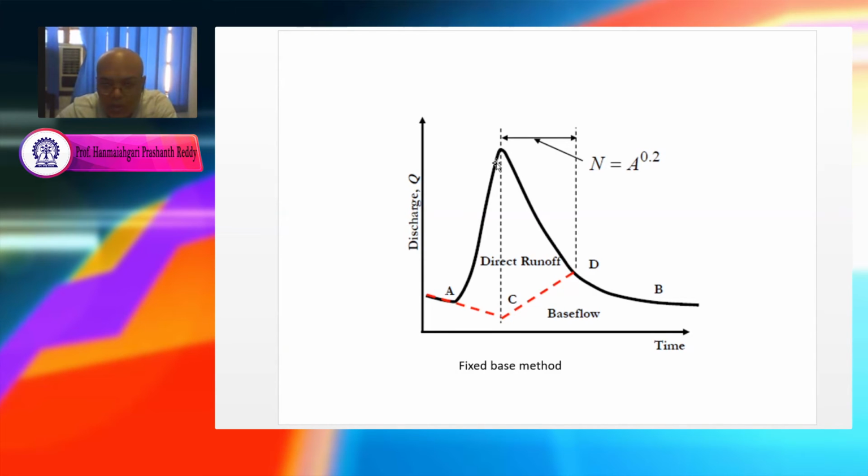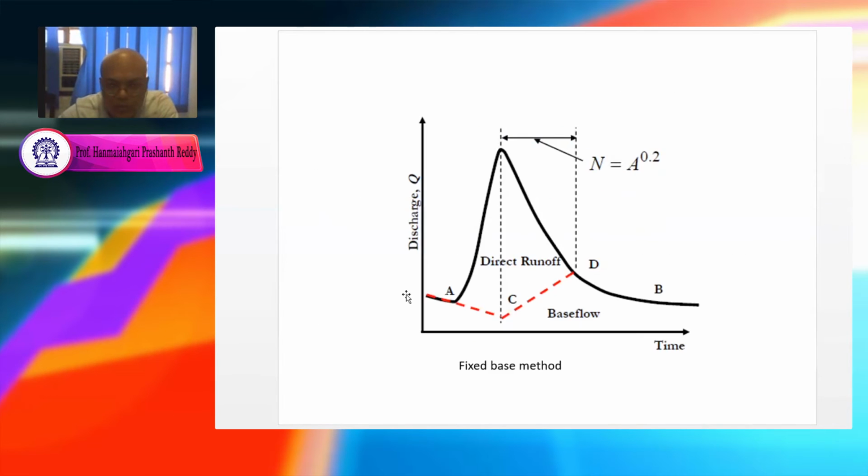Then identify D. D is n days from the peak, where n is given as a power 0.2. This equation is derived experimentally after studying numerous watersheds. A is the area in kilometer square, and n is in terms of days.